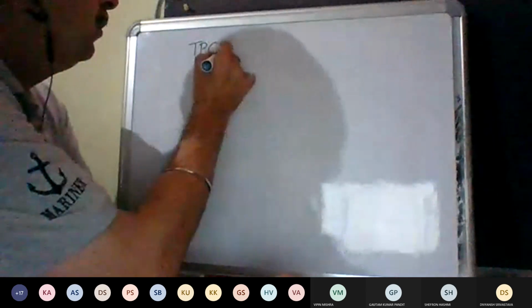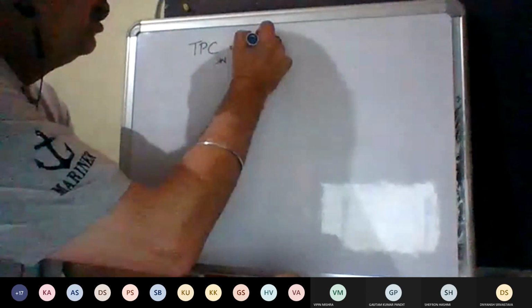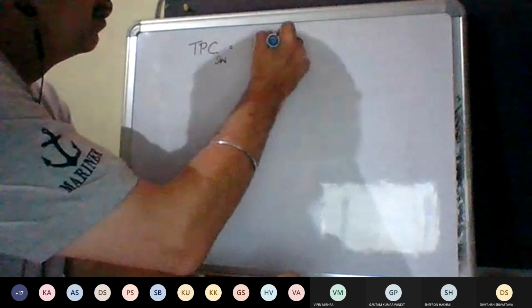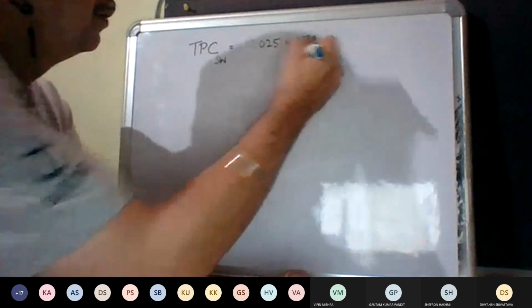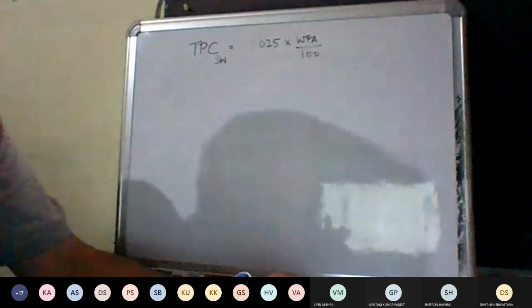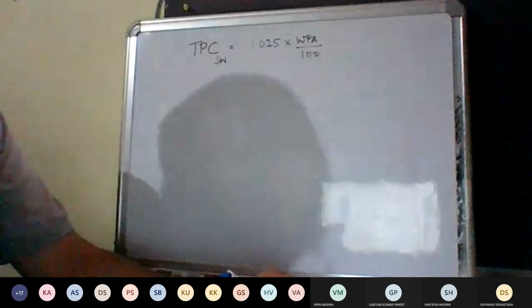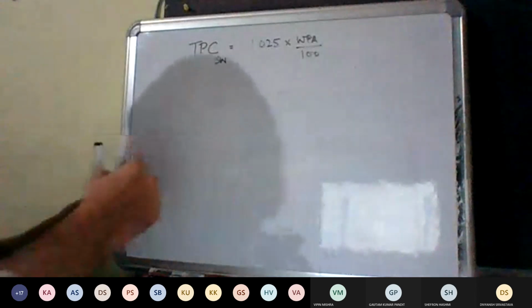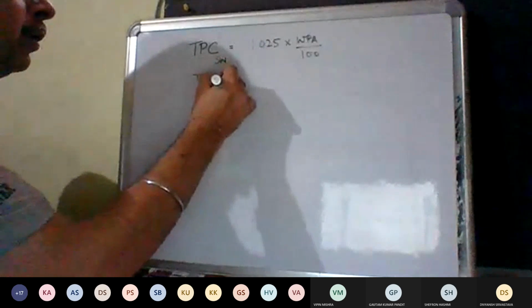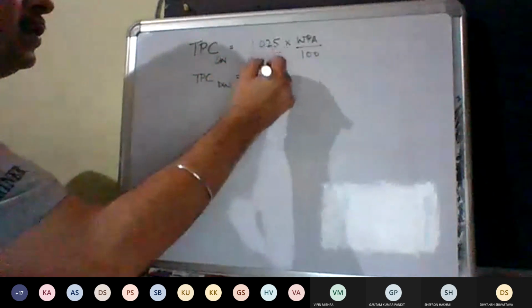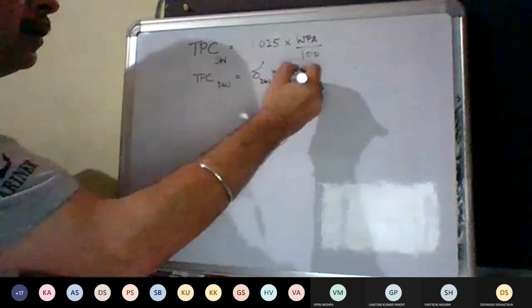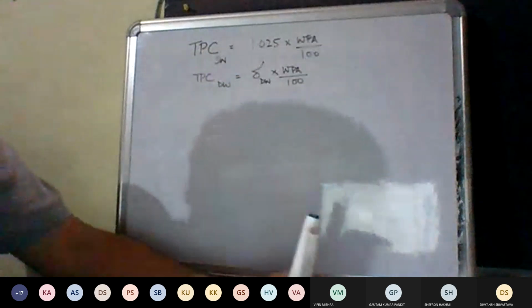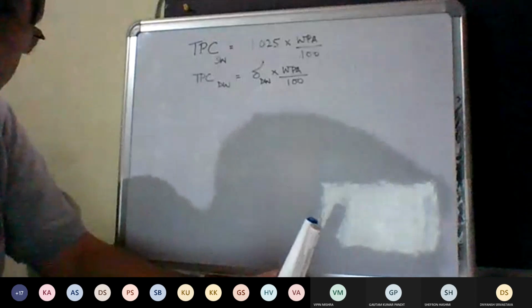So TPC of salt water is equal to 1.025 into water plane area upon 100. Therefore, TPC of dock water is equal to density of dock water into water plane area upon 100. This is known as TPC.